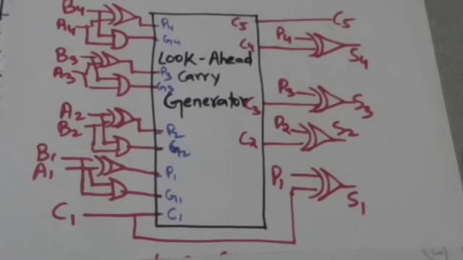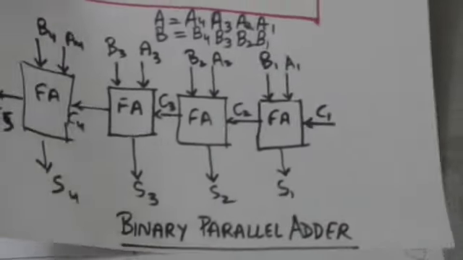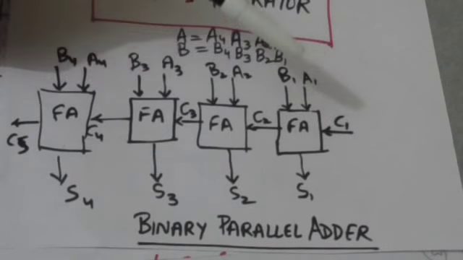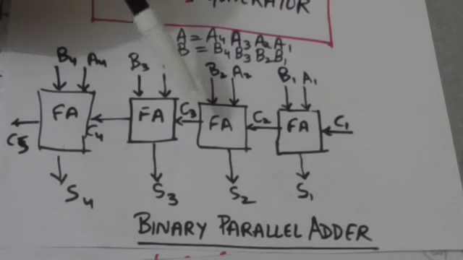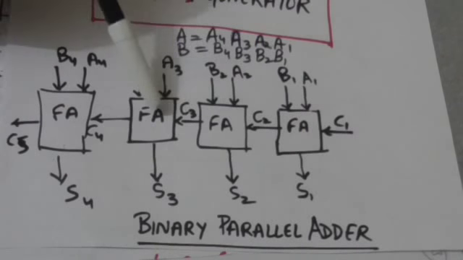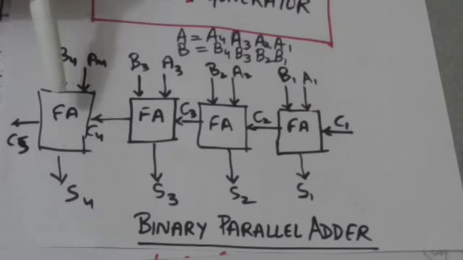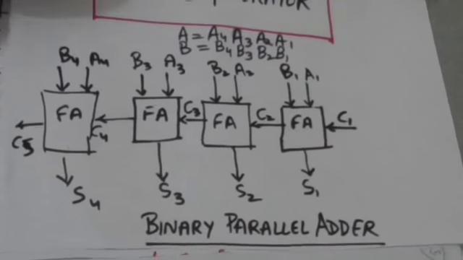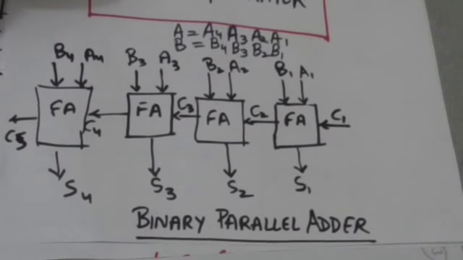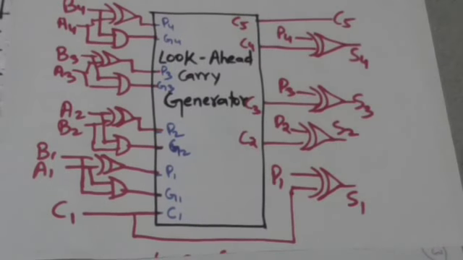C2 is the output carry of the first full adder, C3 is the output carry of the second full adder, C4 is the output carry of the third full adder, and C5 is the output carry of the fourth full adder of this binary parallel adder, right?